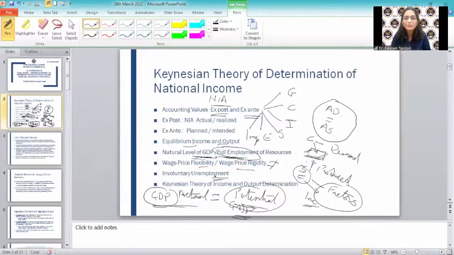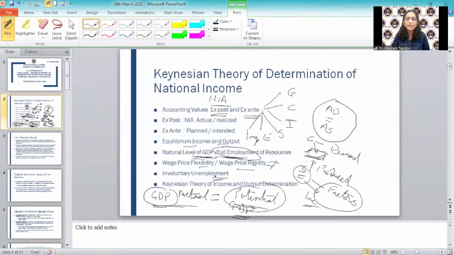So the gap between the potential GDP and the actual GDP will increase. Involuntary unemployment will increase. So who takes the charge? Government takes the charge. You, the corporate, are hesitant to invest. We, the government, will take the charge. That is what John Maynard Keynes proposed.